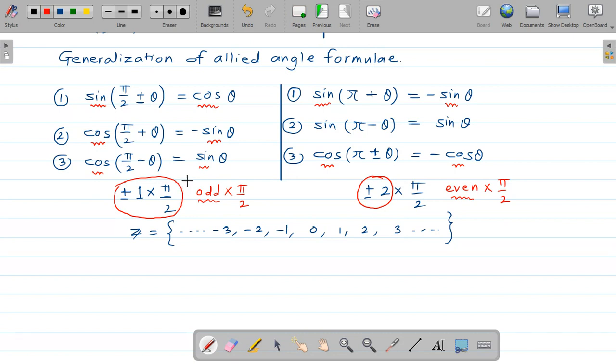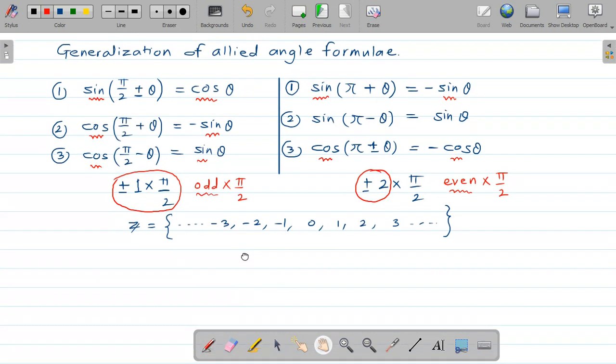So generally, whenever you want to find the allied angle formulae, we must know this observation. In the case of an odd multiple of pi by 2, the ratio changes, and in the case of an even multiple of pi by 2, the ratio does not change. That is the first observation.